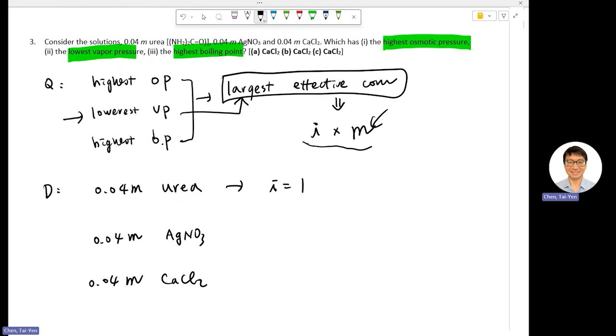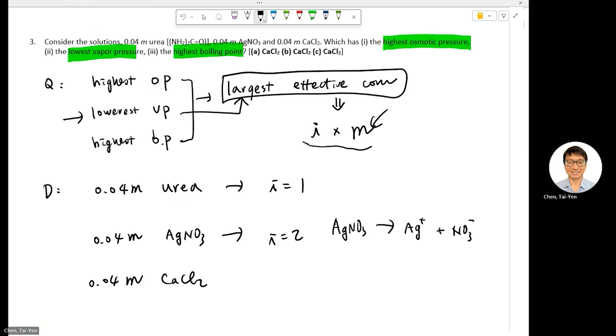Our second one, AgNO3: i equals 2, because this one becomes Ag plus and NO3 minus. The reason it is 2 is because one AgNO3 molecule produces one Ag plus and one NO3 minus, so you produce 2 charged species. Therefore i equals 2.